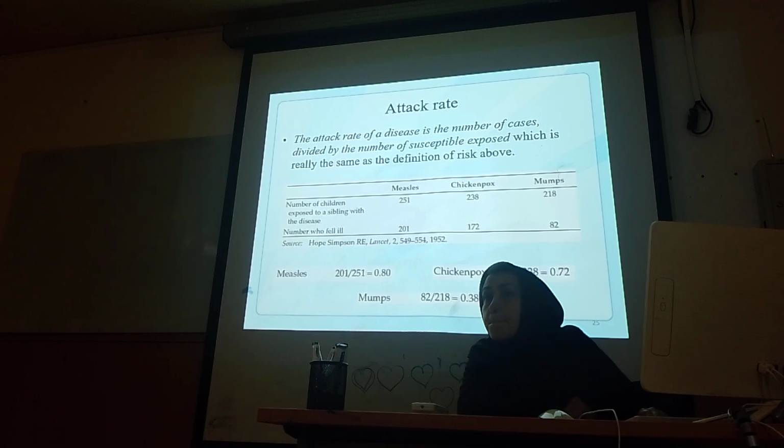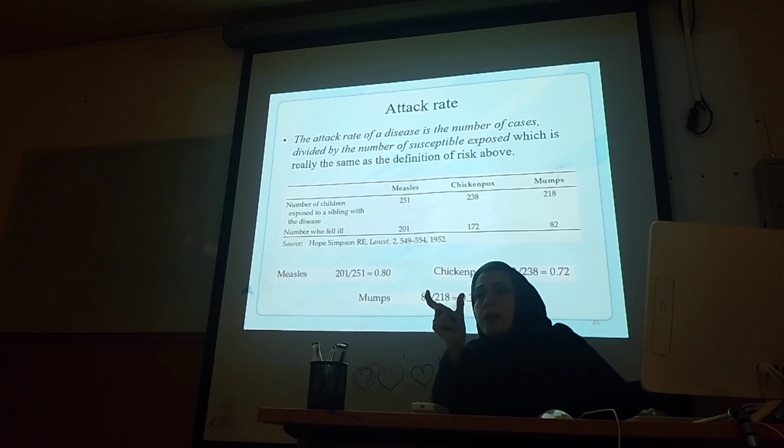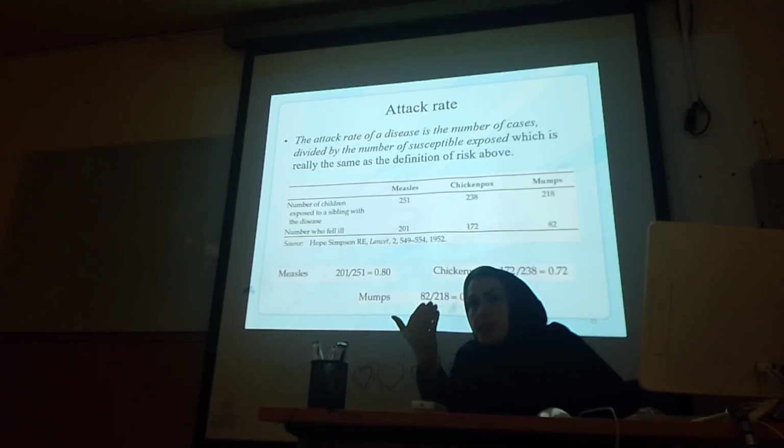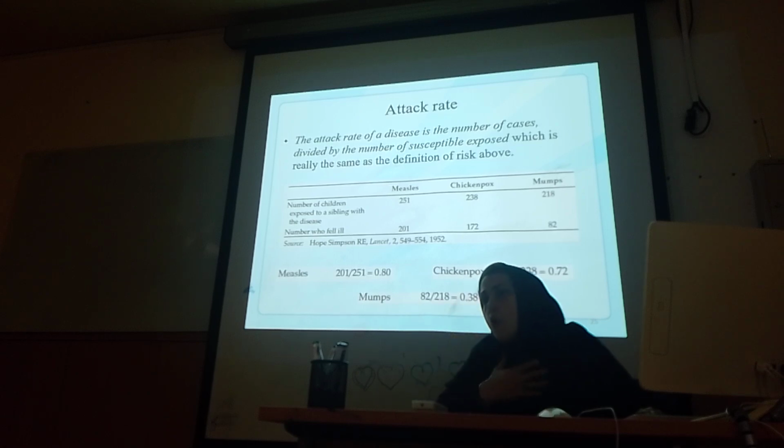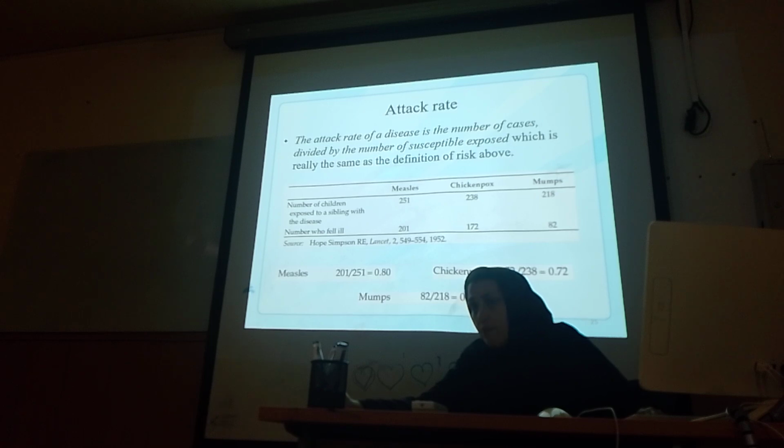Yes, because the time to become diseased is so short. When I am exposed to a patient with influenza, during a couple of days, I will be diseased. So the time of follow-up is so short.